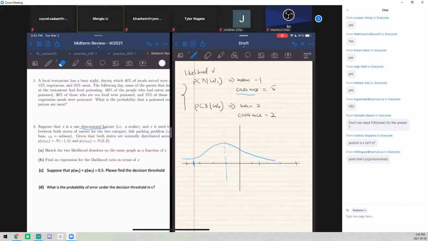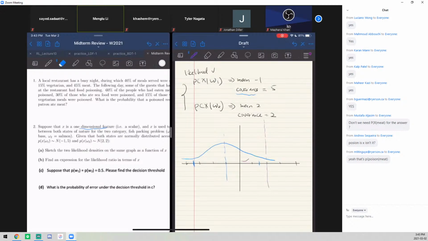For the second class, the mean is 2 and the variance is 2. The variance of the second class is smaller than the first class, so the graph of class 2 will be thinner than the first one.